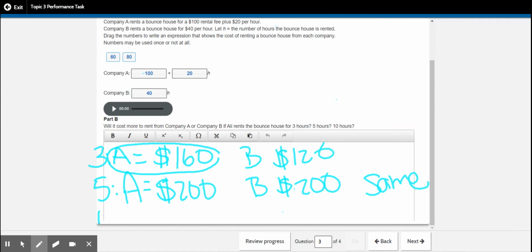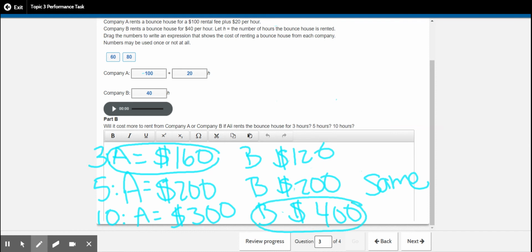And then for 10 hours, company A, 10 hours times 20 is 200, plus 100 is $300. And company B is 10 times 40, which is $400. So it costs more from company B.